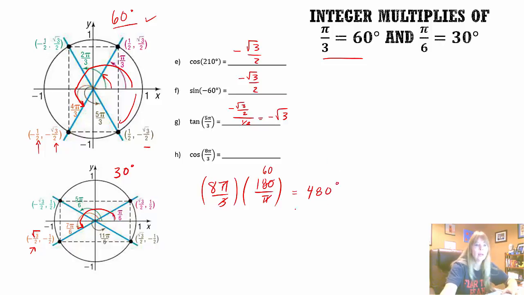Well, if you go all the way around the circle, you've gone 360 degrees, right? And so that means you have left over 120 degrees, okay? So I have to figure out where 120 degrees is. Well, I know that's a multiple of my 60, so 90, and then I add 60.